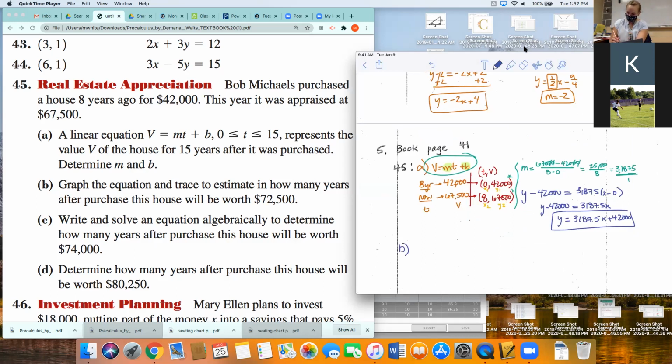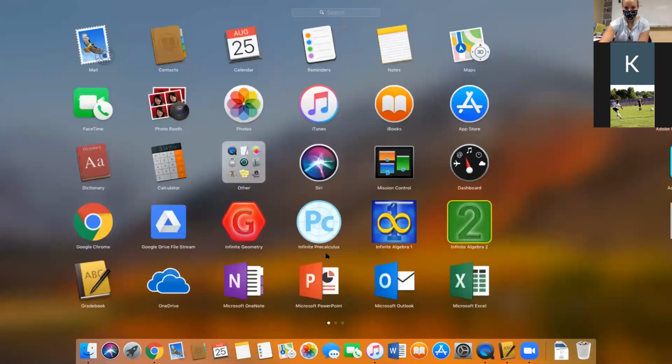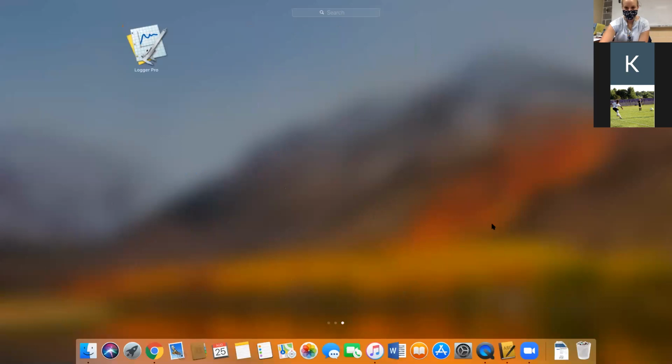We're going to graph this equation right here: y equals 3,187.5x plus 42,000. And then we're going to be able to see what my t value is when my v is equal to 72,500. So I'm going to get my calculator up. I'll go back to my screen in a second.